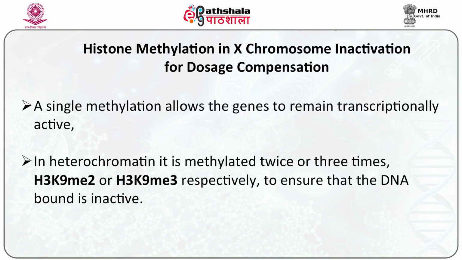While a single methylation of this region allows a gene bound to remain transcriptionally active in the heterochromatin, this lysine residue is often methylated twice or three times, H3K9me2 or H3K9me3 respectively, to ensure that the DNA bound is inactive.